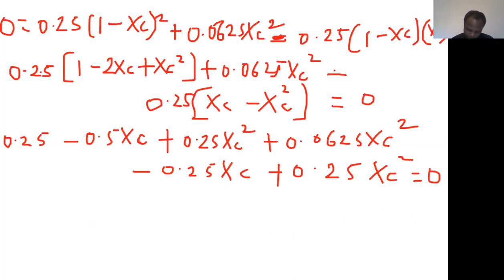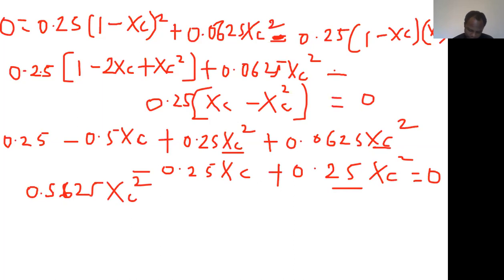We have the XC squared terms here, so you can group the like terms: 0.25 plus 0.25 plus 0.0625. That gives you 0.5625 XC squared.